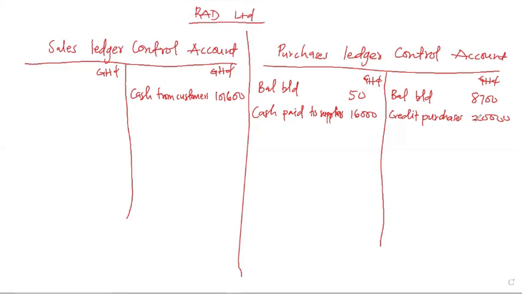If the customer made a purchase of 1,000 cedis on credit, and at the end of the day the customer is returning goods worth 300 cedis, then the customer is not going to make payment for that 300 cedis. Therefore, the customer's balance is going to reduce from 1,000 cedis to 700 cedis.